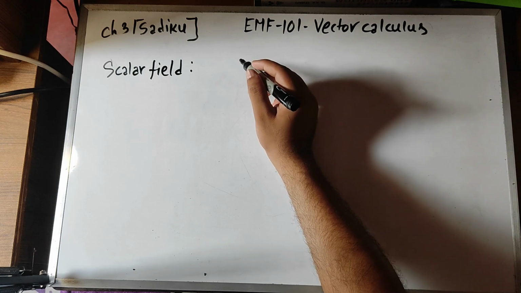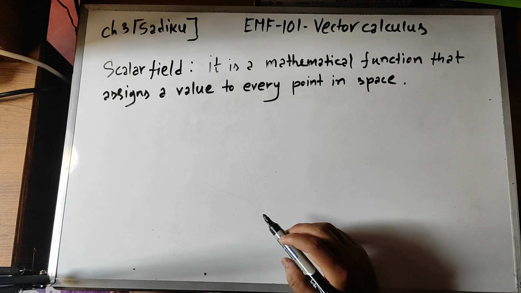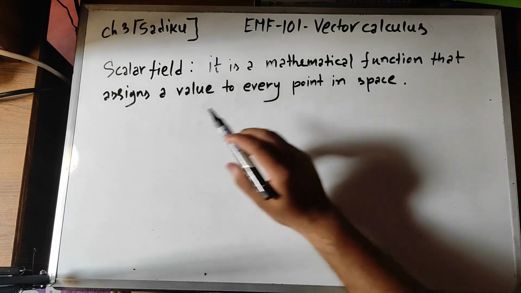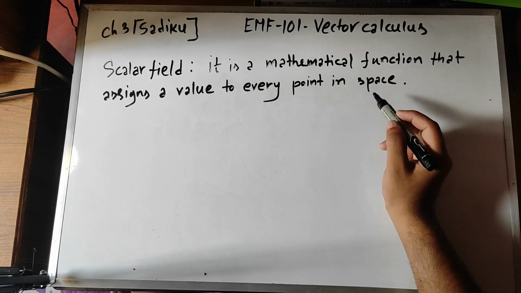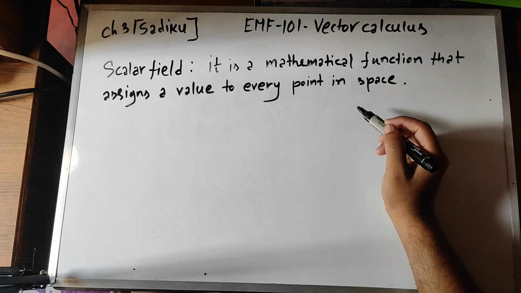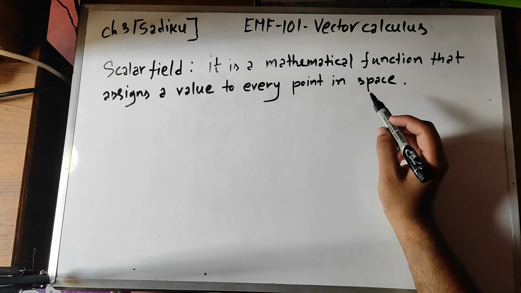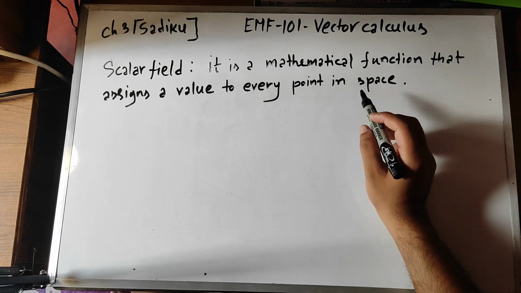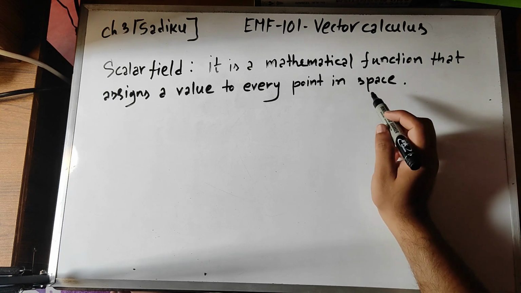So now, what is a scalar field? A scalar field is a mathematical function that assigns a value to every point in space, but not in a certain direction. It doesn't give any sense of direction. It just appoints a value at every point in space.